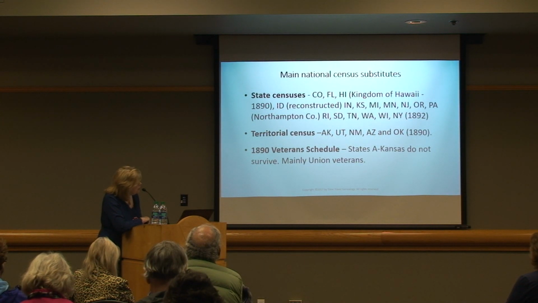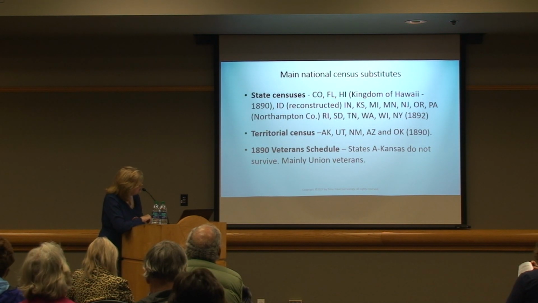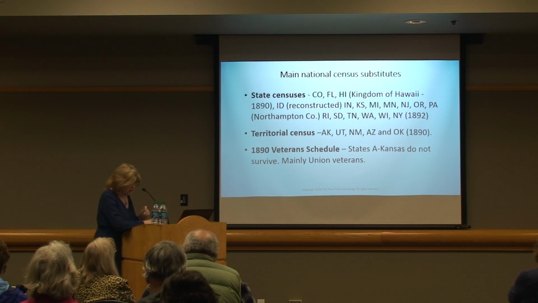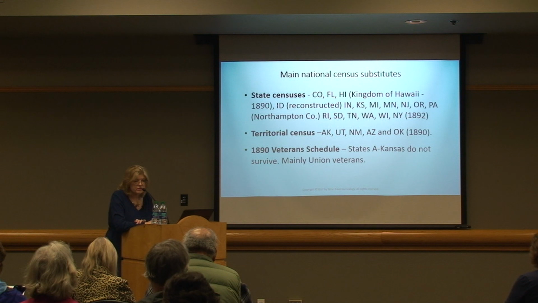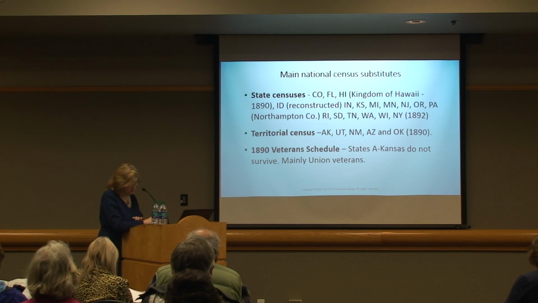There are three main national census substitutes. The first one are state censuses, and these should be in your handout. Now, many states took their own censuses between the federal censuses, but not all took them between 1880 and 1900. The ones that did are listed on the screen and in your handout.